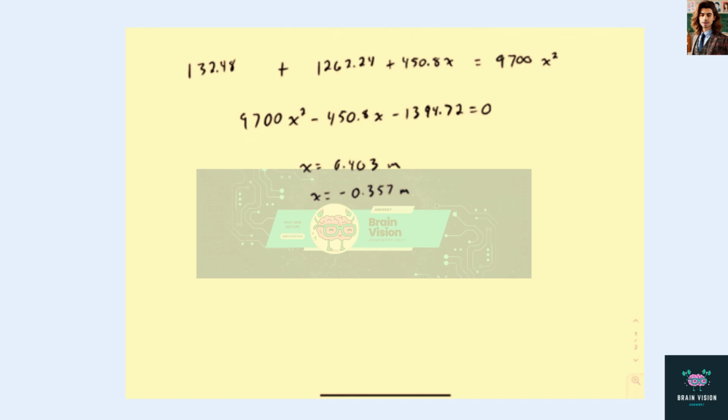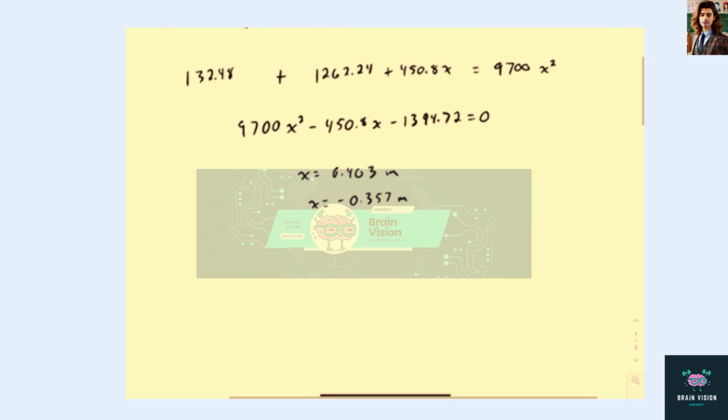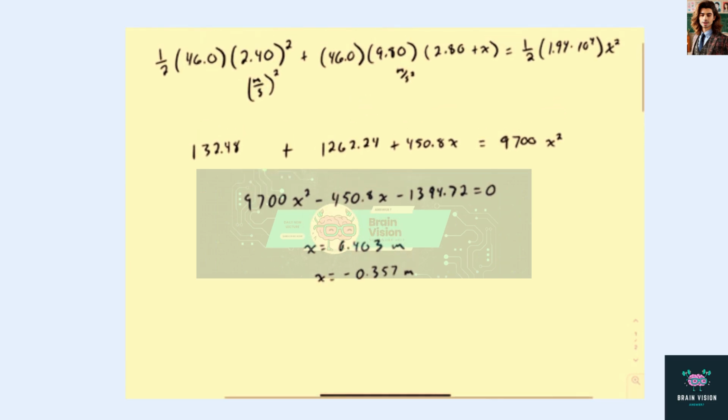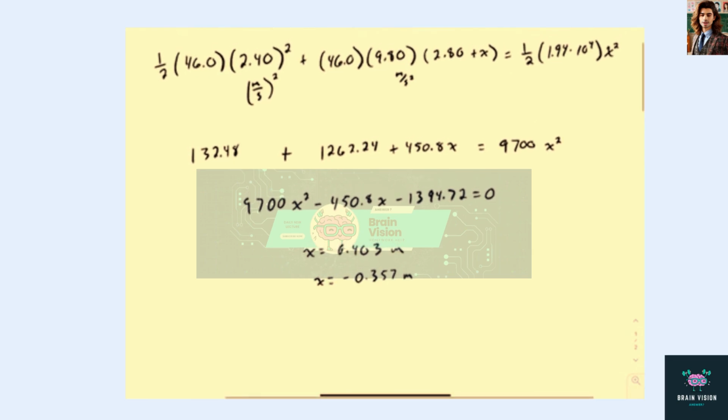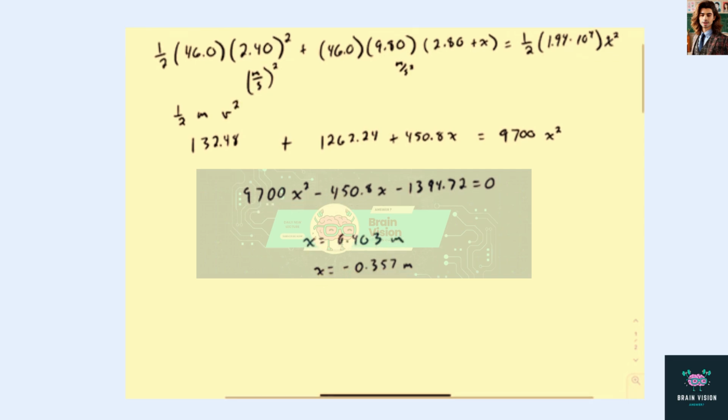Now, working backwards, we want to figure out what the problem could have led to this equation. So if we look now back at the units, well, we have 1/2 times a mass times a velocity squared. So that's like 1/2 mv squared.